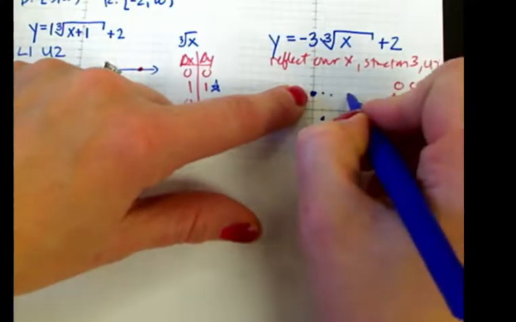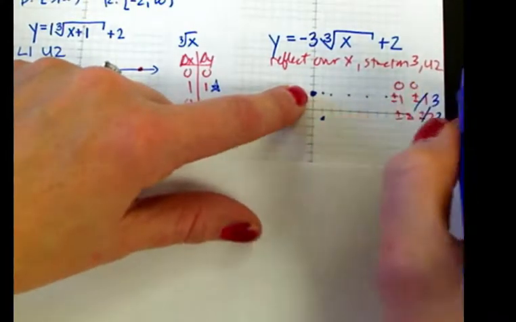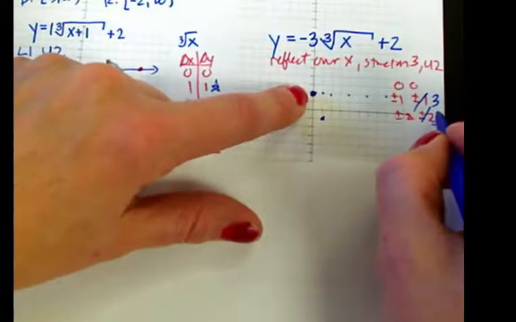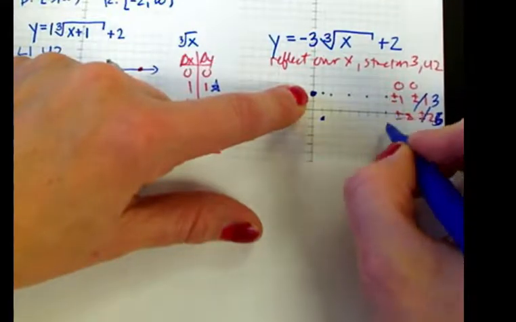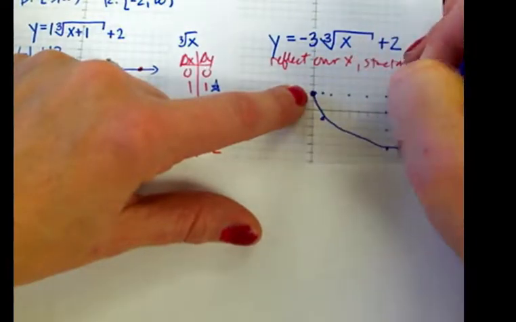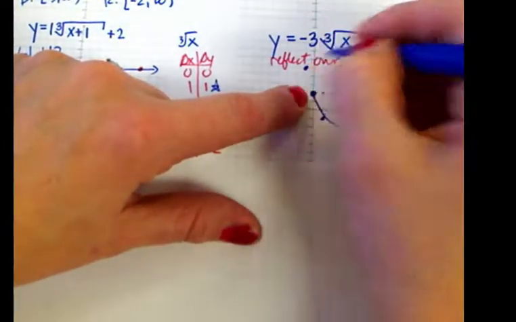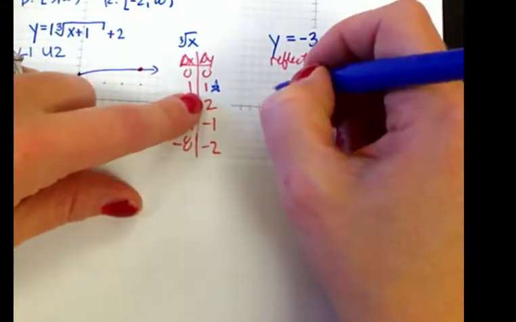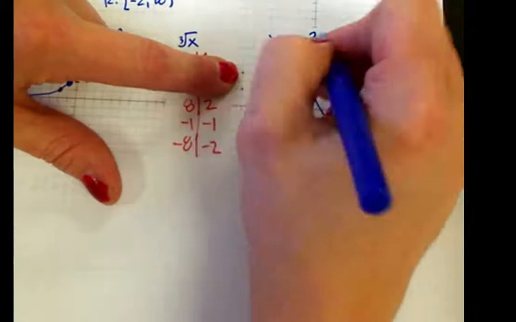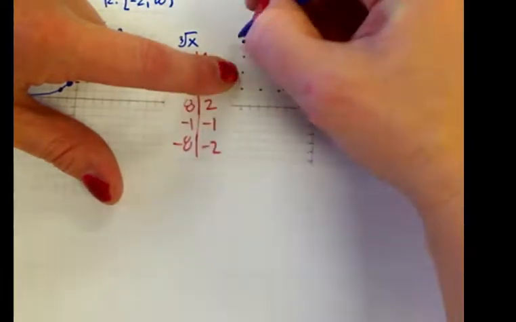Over 2, 4, 6, 8 times 3 is 6. Connect. And then the other direction as well. It's supposed to be up 2, but it's going to be times 3, so that's 6.